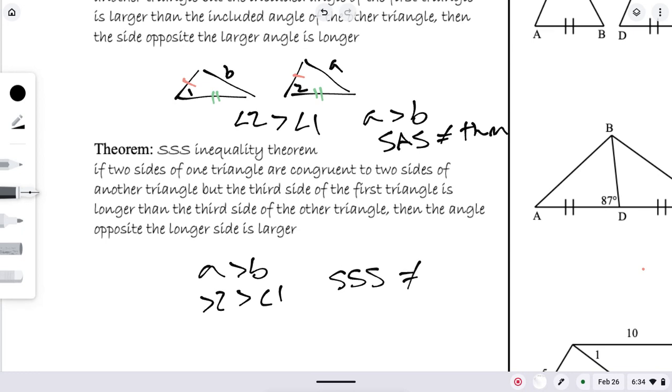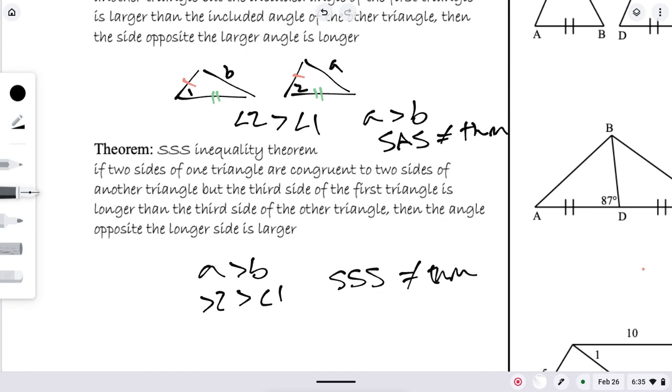Because if A and B were congruent, then angle 1 and 2 would be congruent. But since side A is a little bit bigger than side B, then angle 2 has to be a little bit bigger than angle 1. So this is the side, side, side inequality theorem.